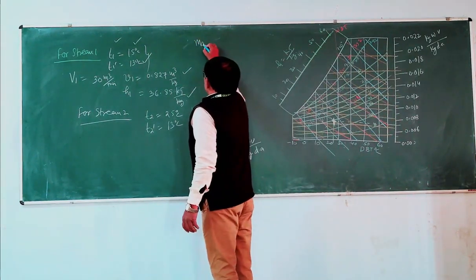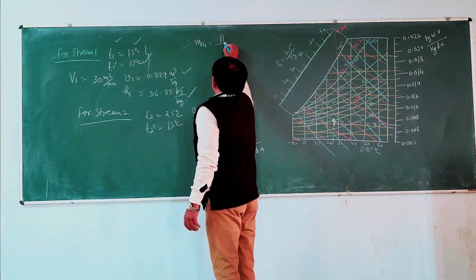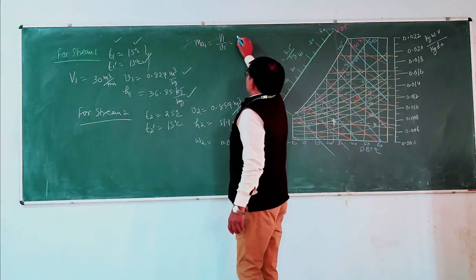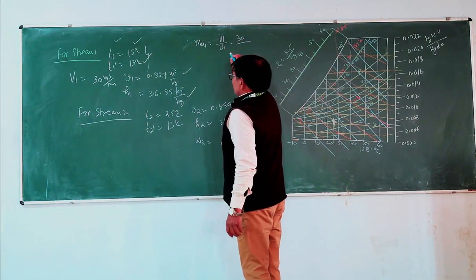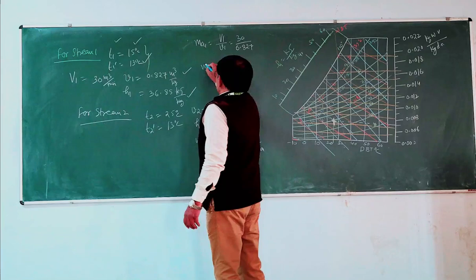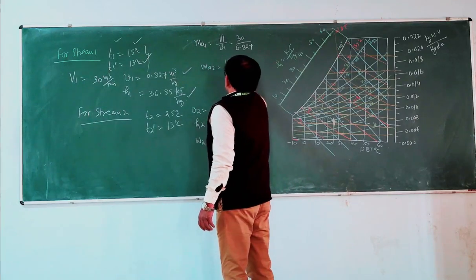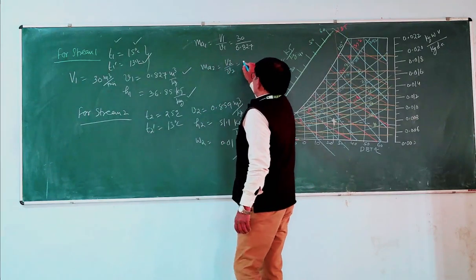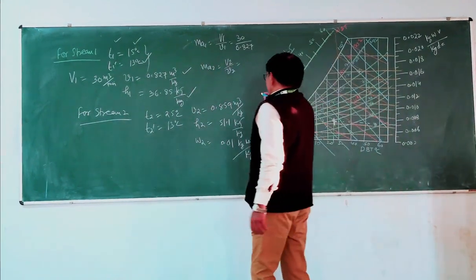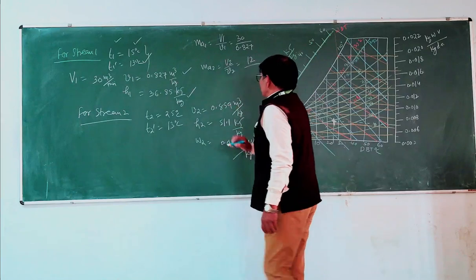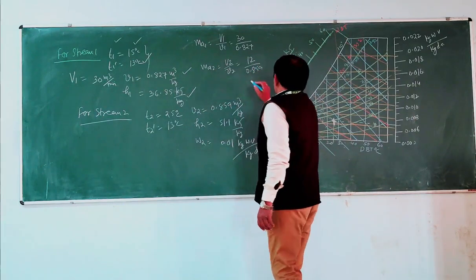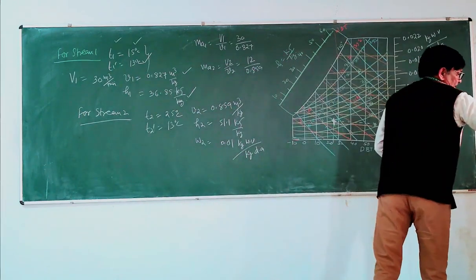So Ma1 equal to V1 upon small v1, that is 30 meter cube upon 0.827, and Ma2 equal to V2 upon small v2 specific volume, that is 12 meter cube per minute upon 0.859. These are values we have already calculated.